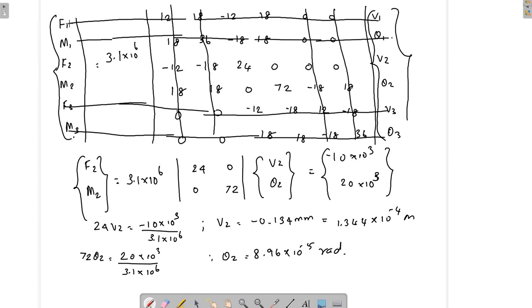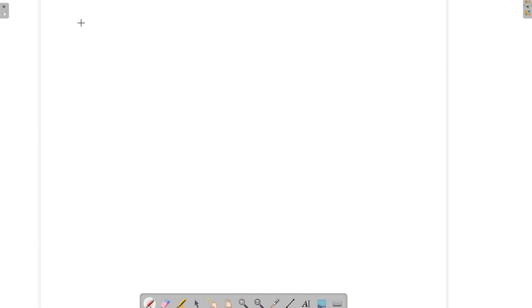For the F1 value, we can write the equation as F1 is equal to 3.1 into 10 power 6, minus 12 V2 plus 18 theta 2.